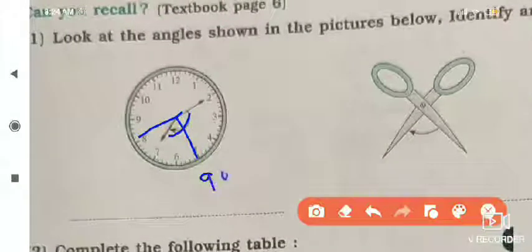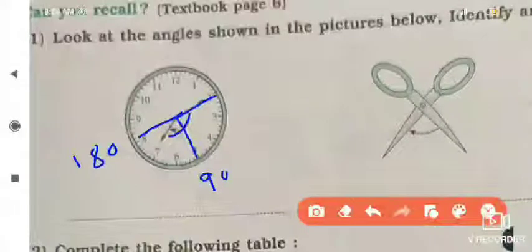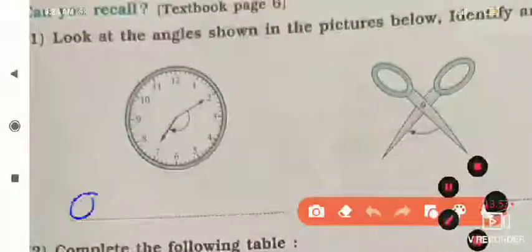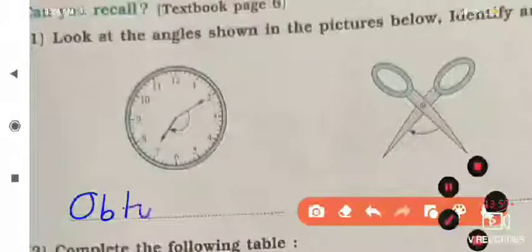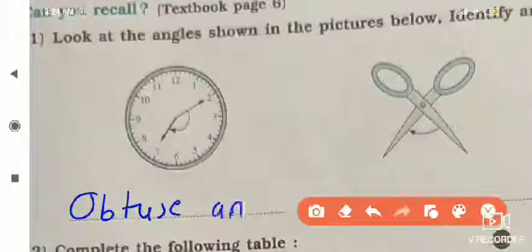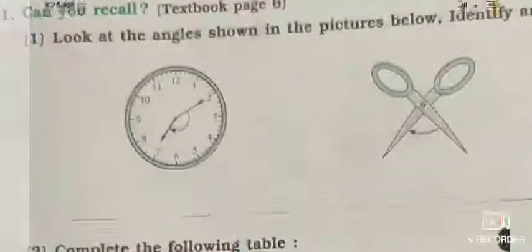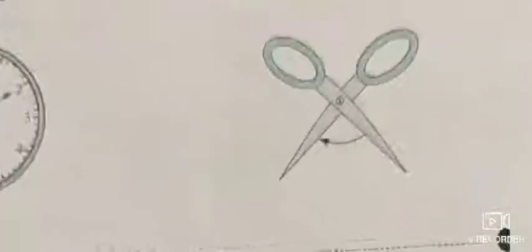This is 90 degrees for this arm, and here it is 180 degrees, and it is located between 90 and 180. That's why this angle is called an obtuse angle.